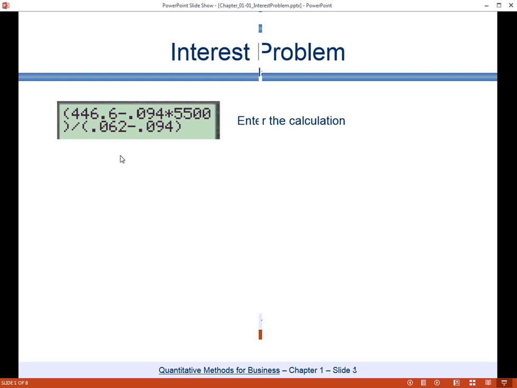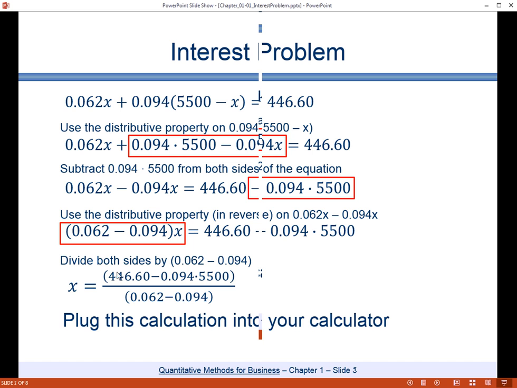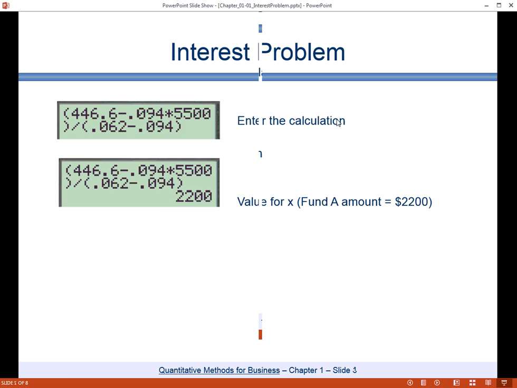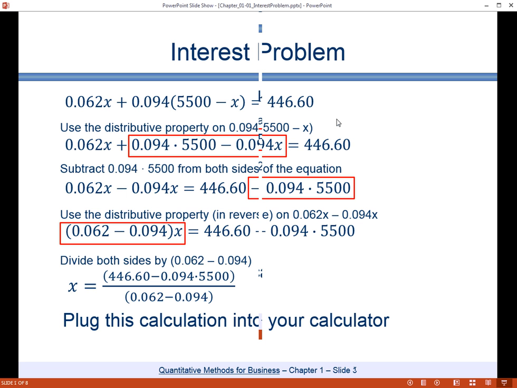Plugging into the calculator exactly the way it looks on the screen here, including the parentheses, I get 446.6 minus 0.094 times 5500, all that within parentheses, divided by 0.062 minus 0.094. You hit enter, and the calculator says x equals 2200, because that's what this calculation is telling us right here. It's telling us what the value is for x.